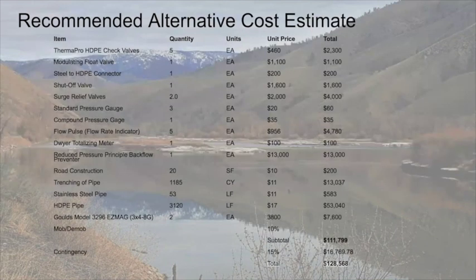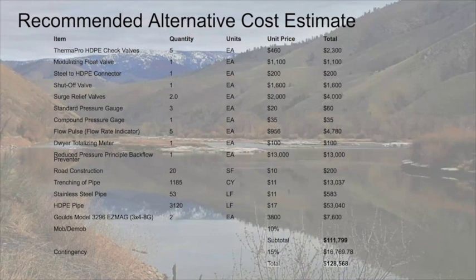Here you're going to see a final cost estimate from our recommended alternative. This goes through all the different valves that are needed in this pipeline, most of them required by the DEQ circular. In addition, you're also going to see construction costs and a contingency of 15% added onto the end for any unknowns.